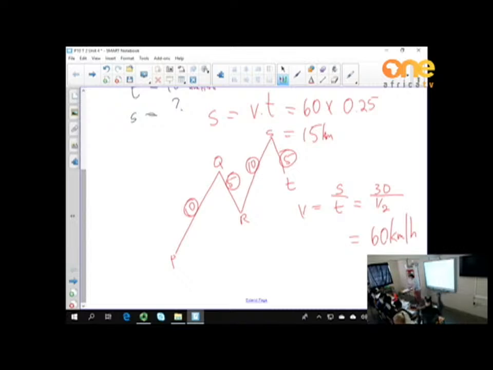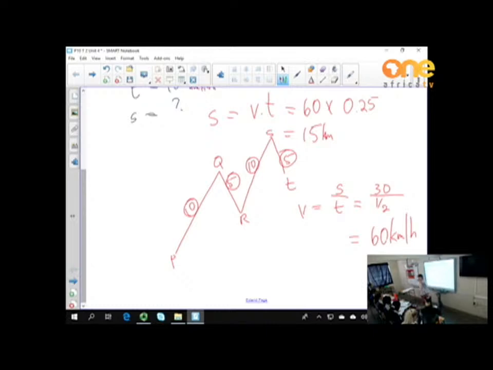All right, people. Are you with me with the difference between distance and displacement and speed and velocity? Just to recap, distance is the length of the actual path followed. Displacement is the straight line from the beginning to the end in a specific direction.